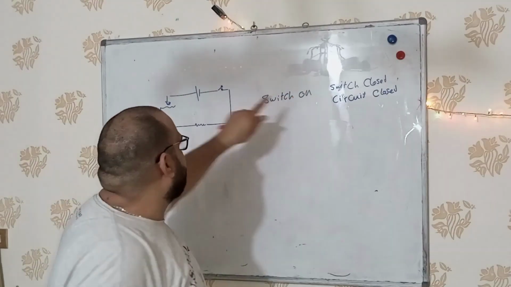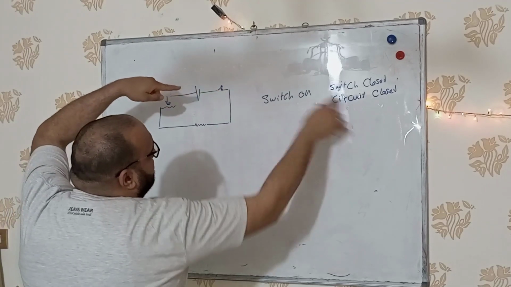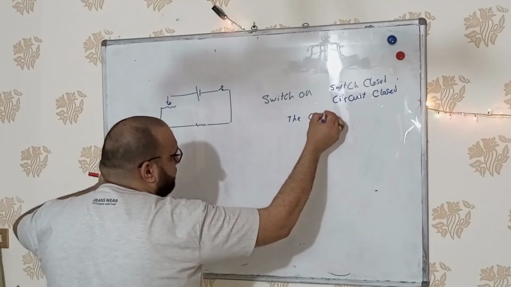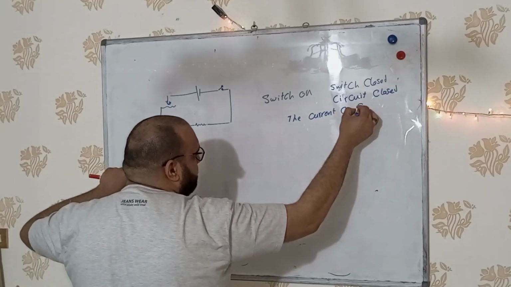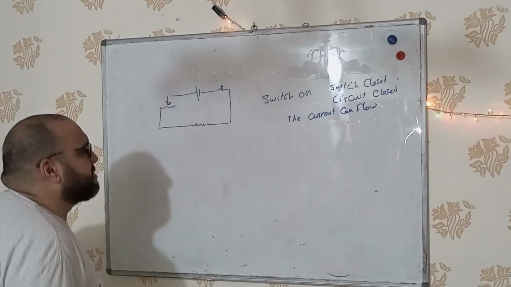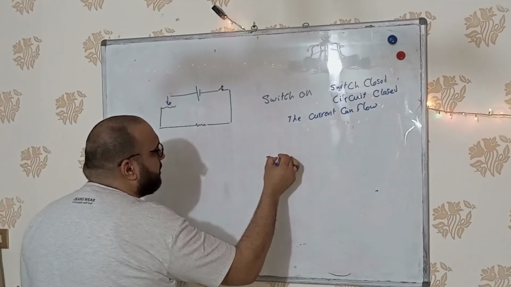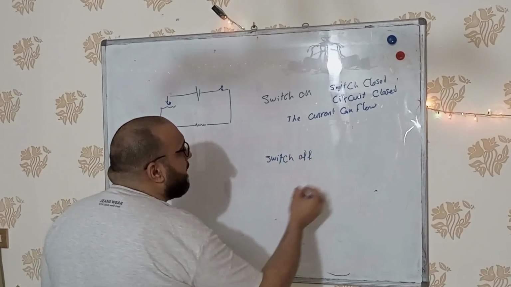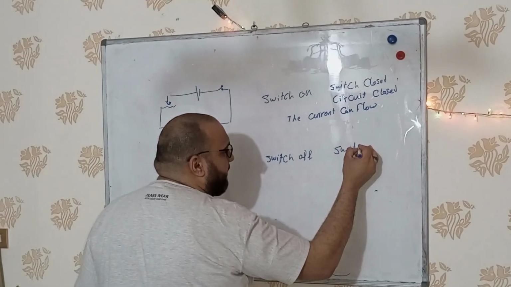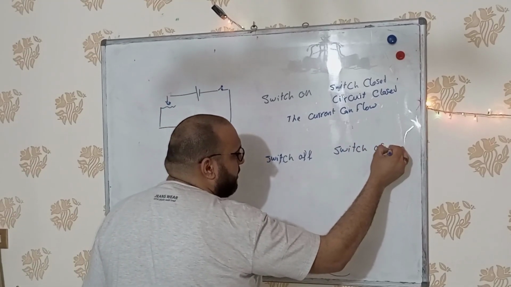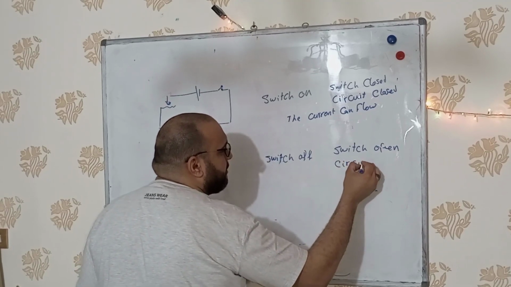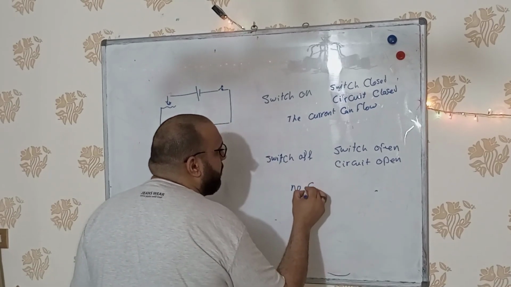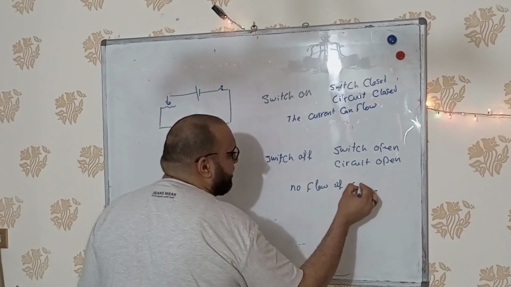Switch on means the switch is closed, and the circuit is also closed, so the current can flow. Switch is off. Switch open. The circuit is also open. No flow of electric current.